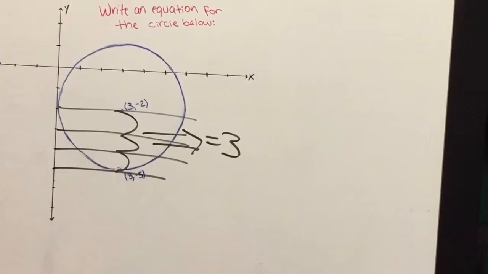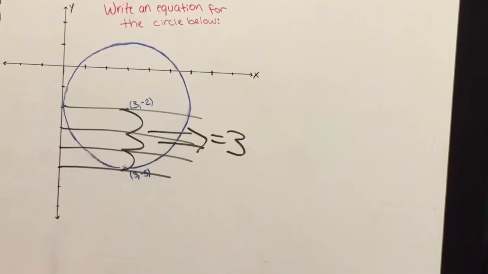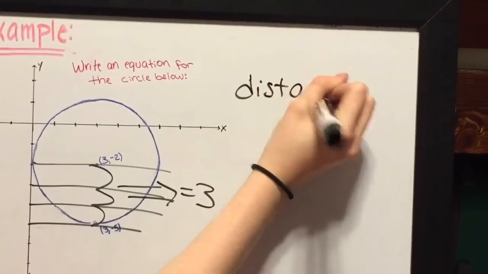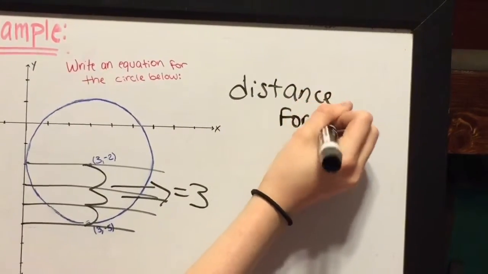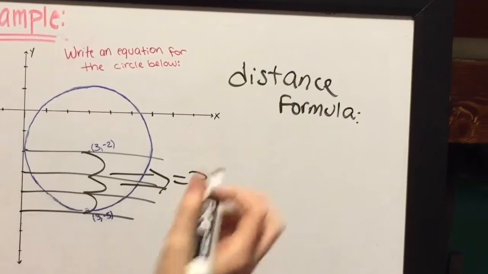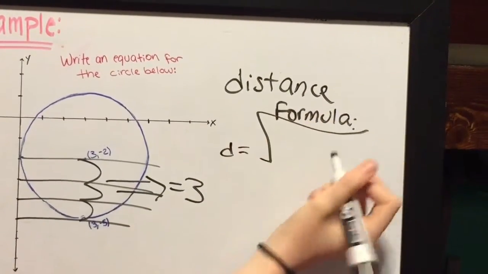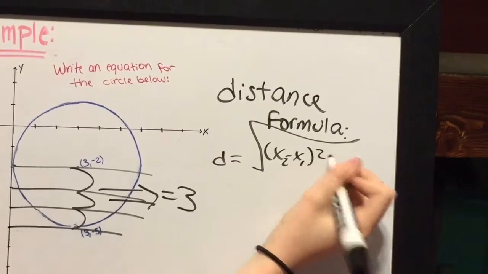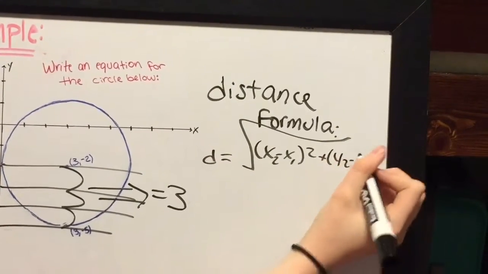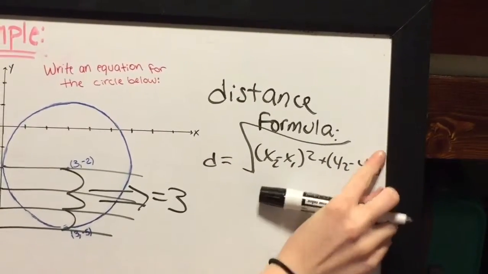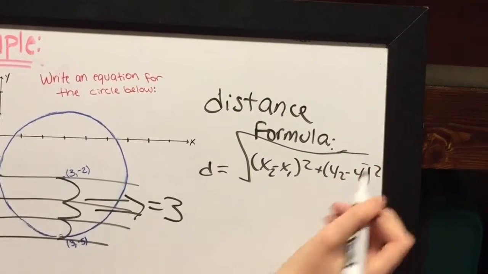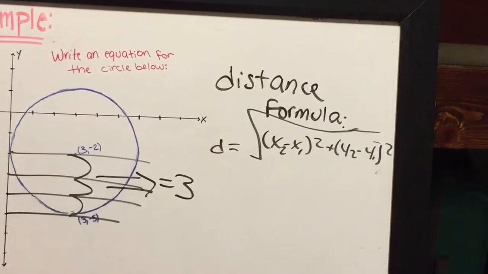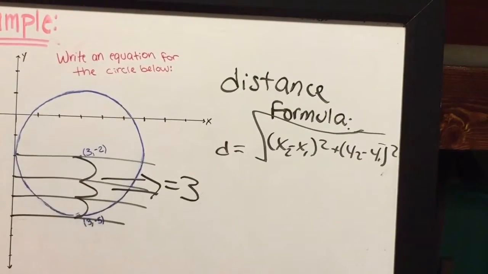Again, using our center, 3, -2, and our given point, 3, -5, we can plug it into the distance formula, which is written as d equals the square root of (x2 minus x1) squared plus (y2 minus y1) squared, where d is the distance and x and y are the coordinates represented by x2, x1, y2, and y1.